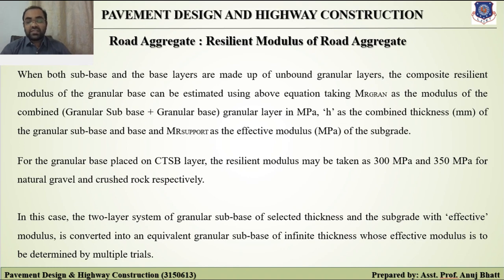In such cases, the two-layer system of the granular subbase of selected thickness and the subgrade with the effective modulus is converted into the equivalent granular subbase of infinite thickness, whose effective modulus is determined by multiple trials, a kind of trial and error method, and you can find out the effective modulus value of that particular layer. So this is all about the resilient modulus of road aggregate as well as the granular layer.